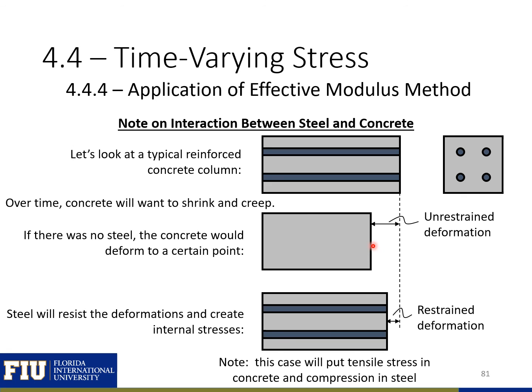Steel is going to resist this deformation, and it's going to create internal stresses. So our column with our steel is only going to deform or strain this much. So we can see that there's a certain amount of strain difference between our unrestrained deformation and our restrained deformation. And this is going to put tensile stress in the concrete and compression in the steel.